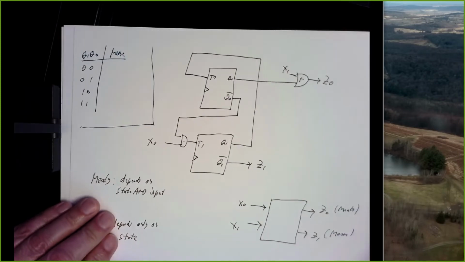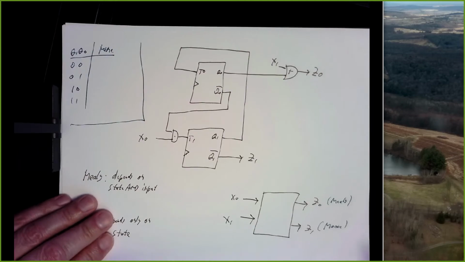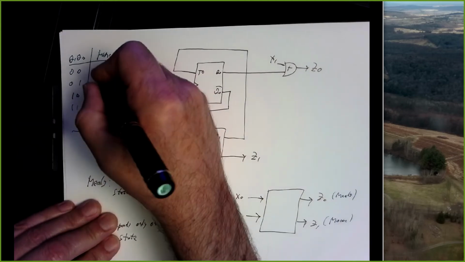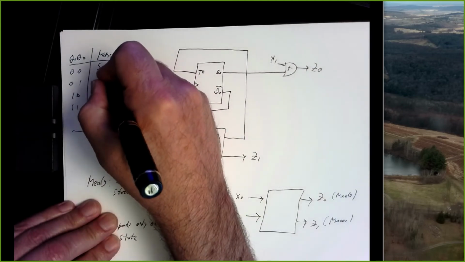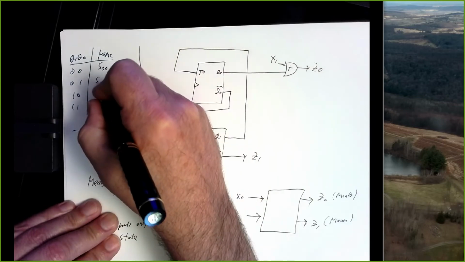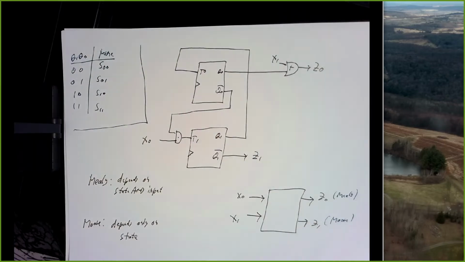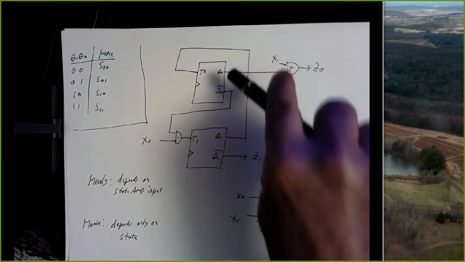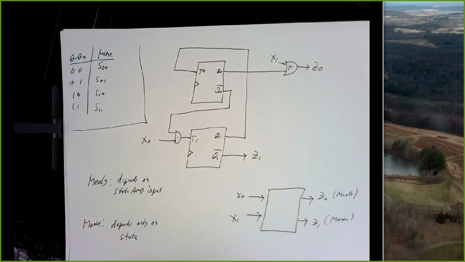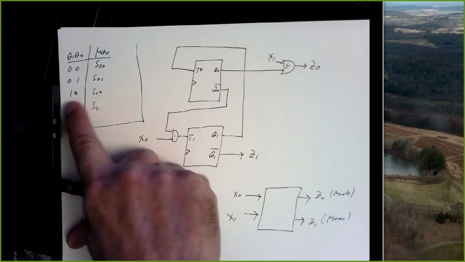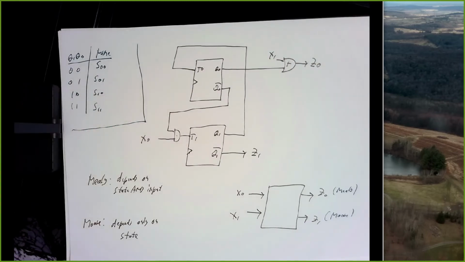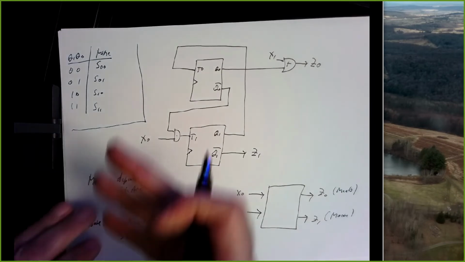I'm going to use a naming convention that I usually use: S for state with a subscript of 00, S01, S10, S11. This is convenient because if I know that Q1 is a 1 and Q0 is a 0, I know that represents state 10, just the values of Q1 and Q0. So that automatically codes some of my information for me.